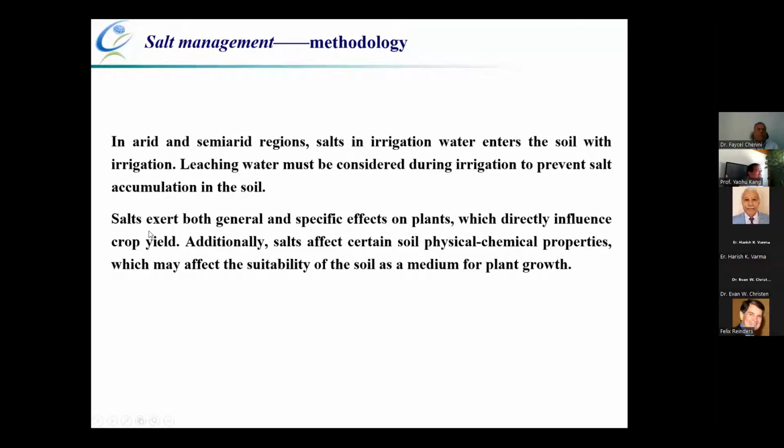Salts exert both general and specific effects on plants, which directly influence the crop yield. Additionally, salts affect certain soil physical and chemical properties, which may affect the suitability of the soil as a medium for plant growth.